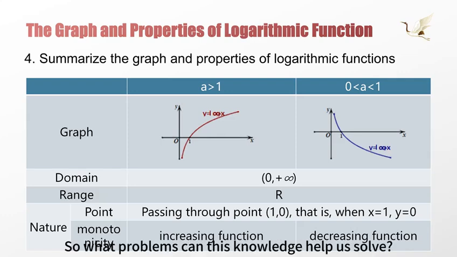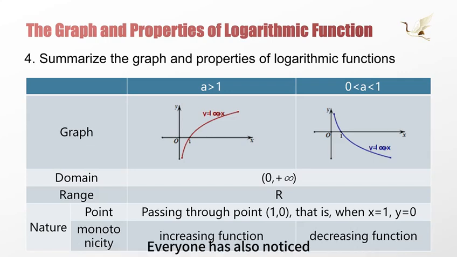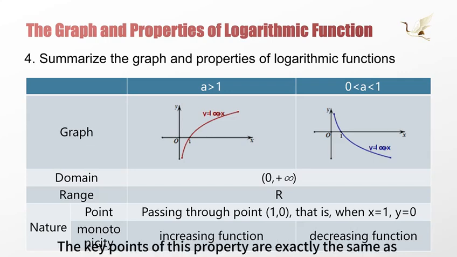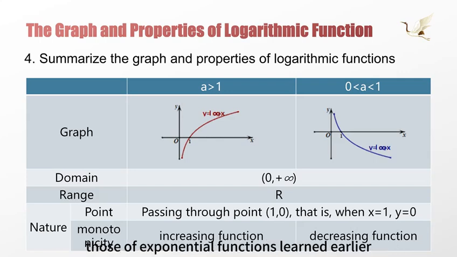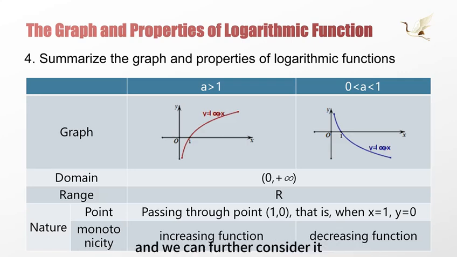So what problems can this knowledge help us solve? Everyone has also noticed that the key points of this property are exactly the same as those of the exponential functions learned earlier. This indicates that there is indeed a connection between exponential and logarithmic functions, and we can consider it further.